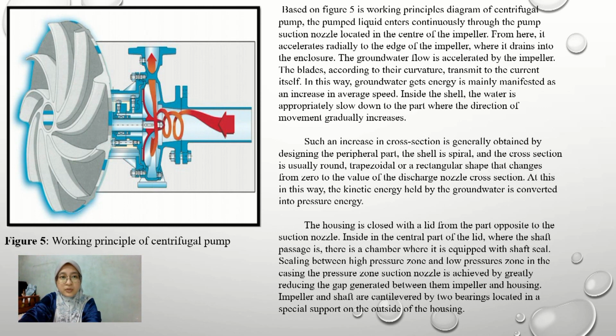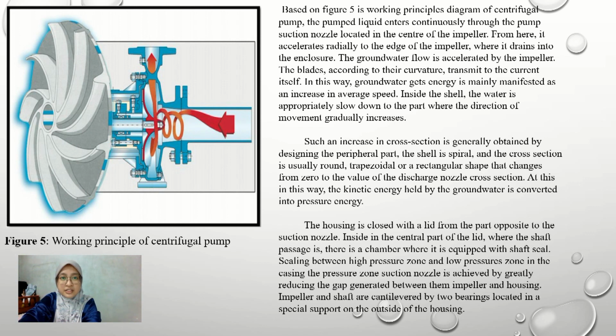The groundwater flow is accelerated by the impeller. The blades, according to their curvature, transmit energy to the current itself. In this way, groundwater gets energy that is mainly manifested as an increase in average speed. Inside the shell, the water is appropriately slowed down to the part where the direction of movement gradually increases.